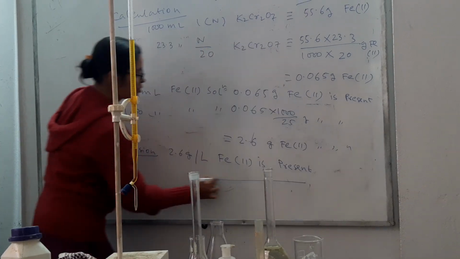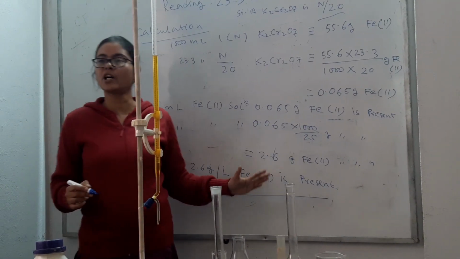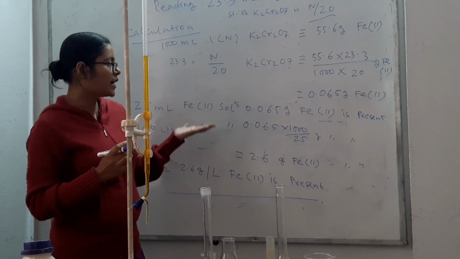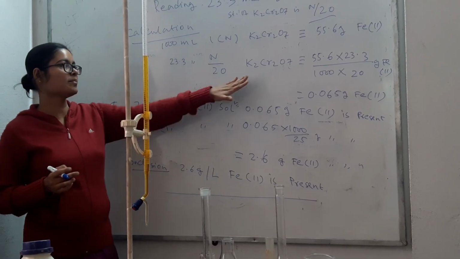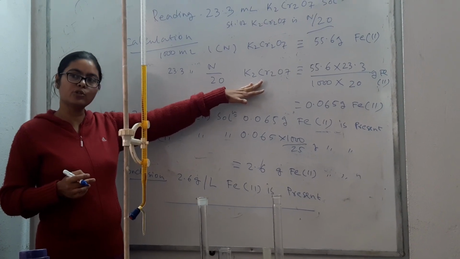Okay. So this is all about it. By this way we can estimate iron 2 plus by potassium dichromate solution.